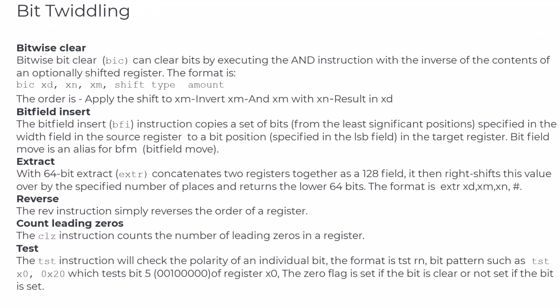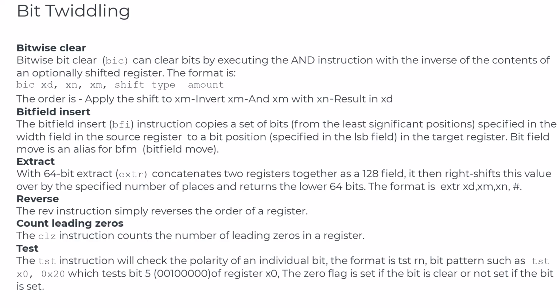The last set of instructions that we're going to deal with relating to logical instructions is bit-twiddling, and this is typically where we start to fiddle around with individual bits and change them. So, the first one we're going to look at is bitwise clear, and the instruction with this is simply BIC.